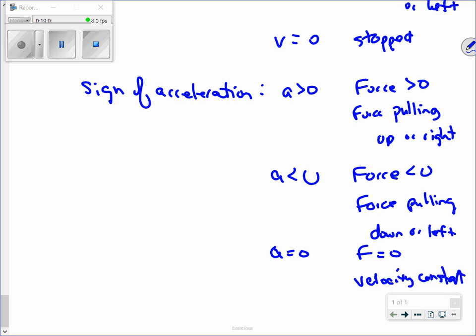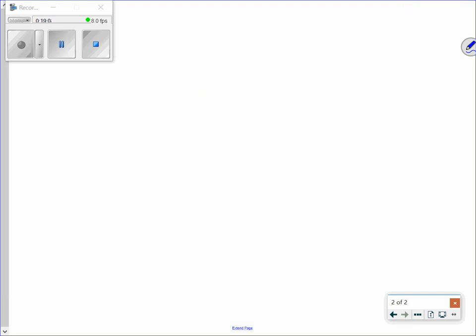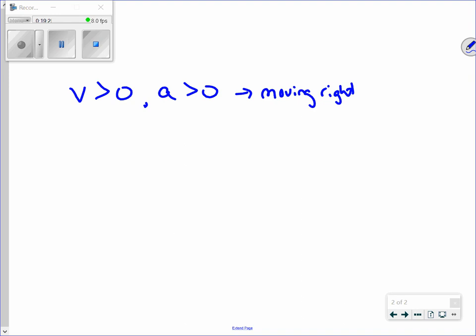Velocity is constant. Okay? I'm going to add to that 2 pieces of information. If the velocity is positive and the acceleration is positive, both of them are the same. This tells us that it is moving right or up, and being pulled to the right at the same time. So if you're already moving to the right and then something pulls you, what's going to happen? You're going to speed up.